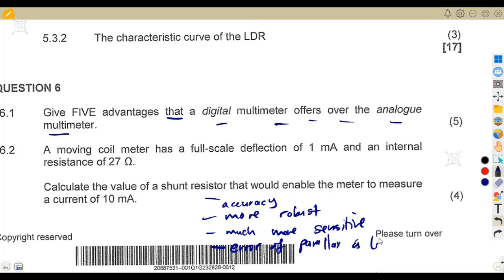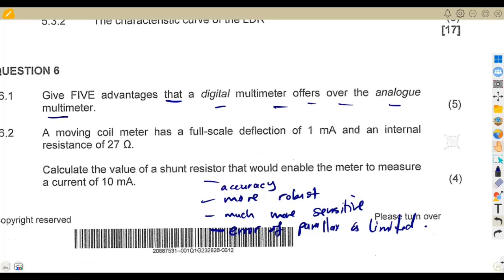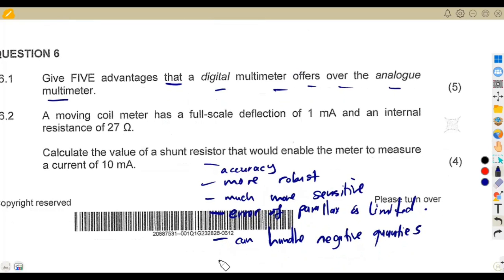The error of parallax is limited, and it can handle negative quantities, that is working with negative values. Then there is no guessing. The guessing is actually limited.